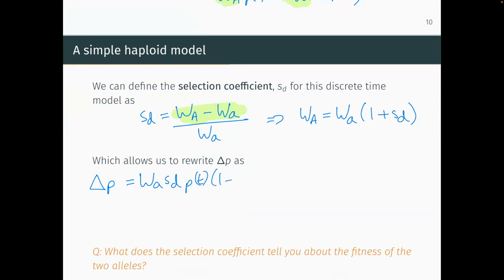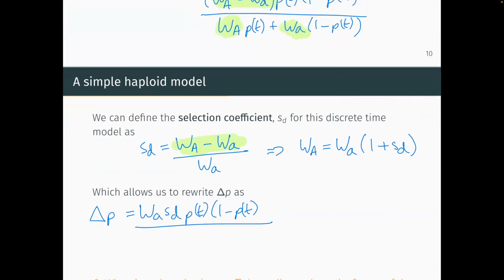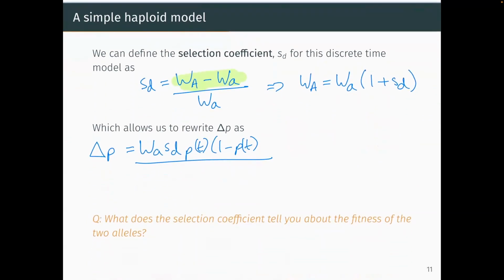So P of T times by 1 minus P of T. And then on the bottom, well, we had each of our individual fitnesses. So I'm going to replace that W sub capital A with W sub little a times by 1 plus SD. That's just using this rearranged form here. And I'm going to leave the W sub little a that we had there before times by 1 minus P of T.